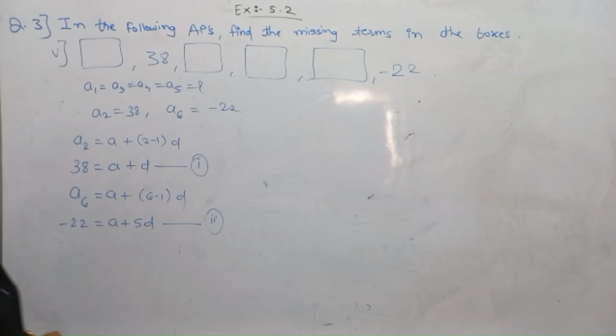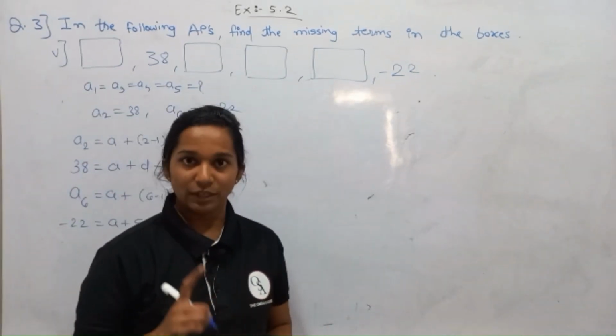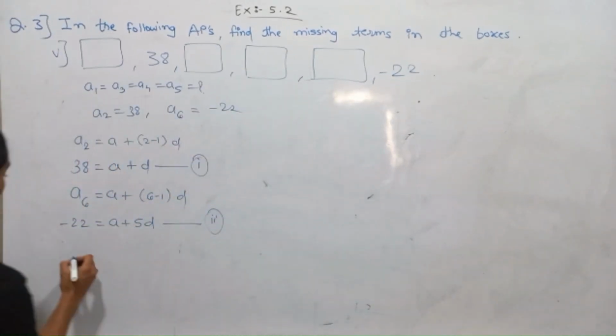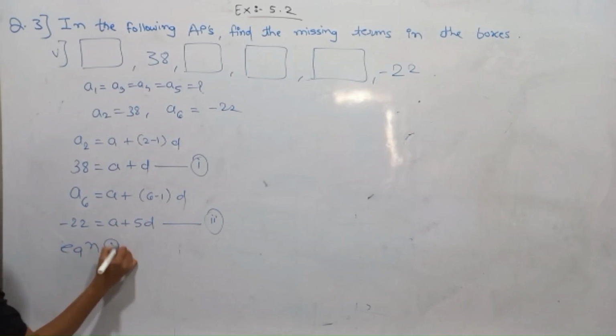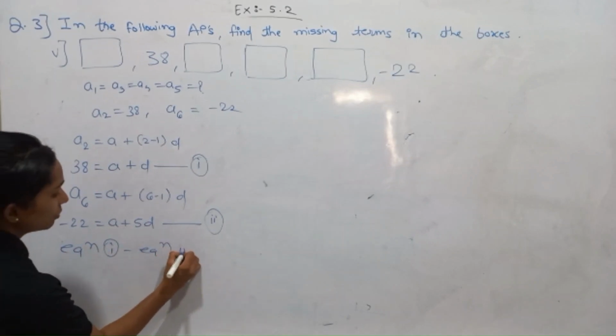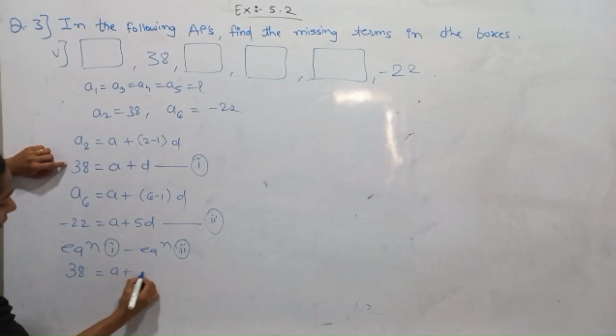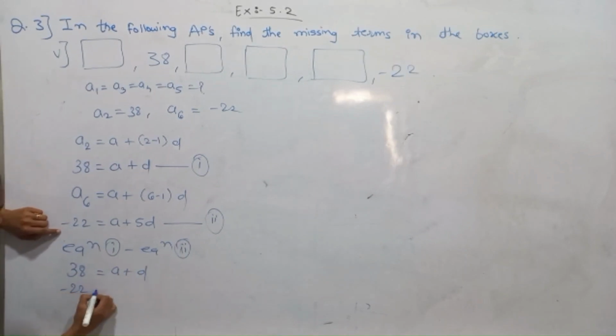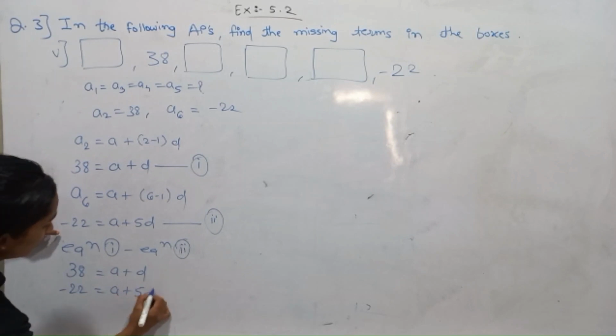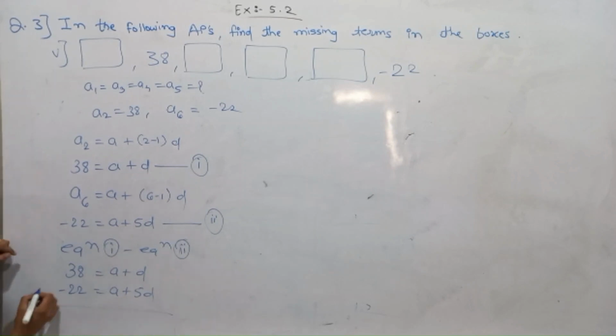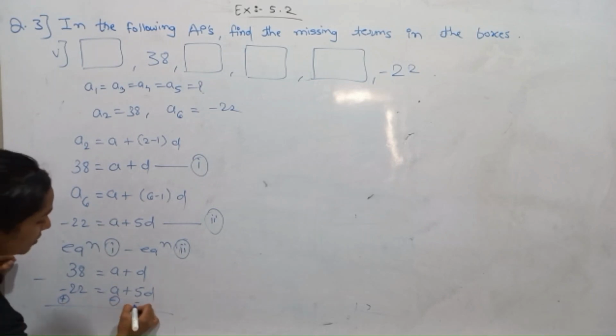If I do equation number 1 minus equation number 2, what will I get? 38 is equal to A plus D, minus 22 is equal to A plus 5D. I have to do subtraction. This will become plus, this will become minus, this will become minus.